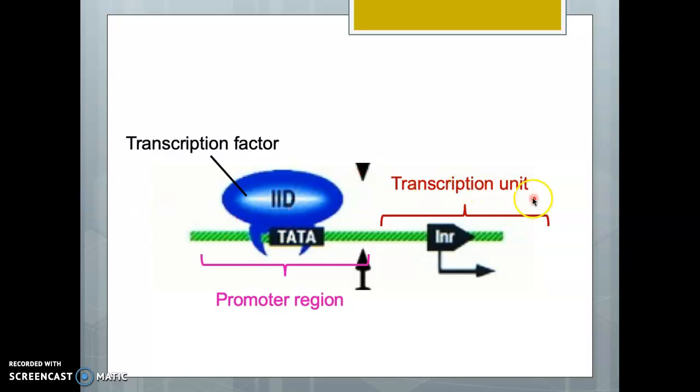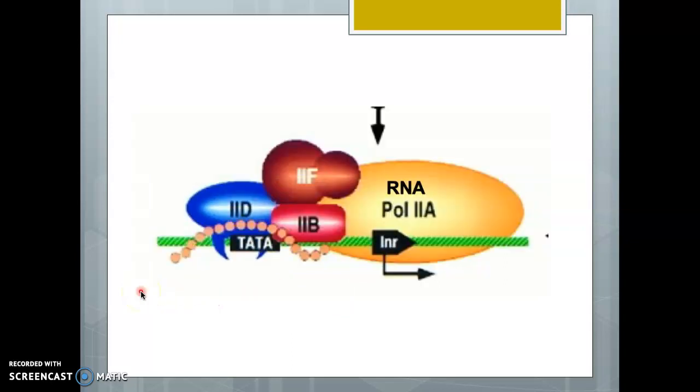The transcription unit, or the genes, the bases of DNA that are actually going to end up becoming the protein, are in this transcription unit. If you remember when we did the trp operon, there was also a transcription unit to each of the operons. So here they're showing, let's see, 1, 2, 3 transcription factors.